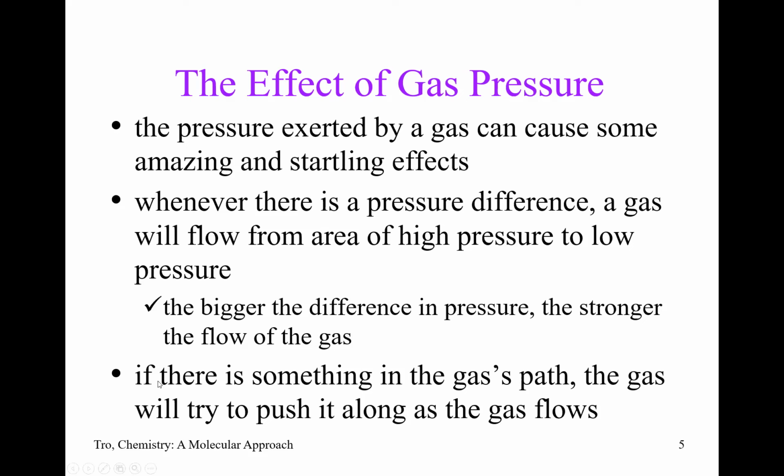So if there's something in the gas path, the gas will try to push it along as the gas flows. And this is basically the way a gun works. You have a cylinder, the bullet is in the gun. You have generally what's called a hammer. You see it in the revolver kind where it cocks back. It comes forward, it hits the back end of the bullet that has some gunpowder.